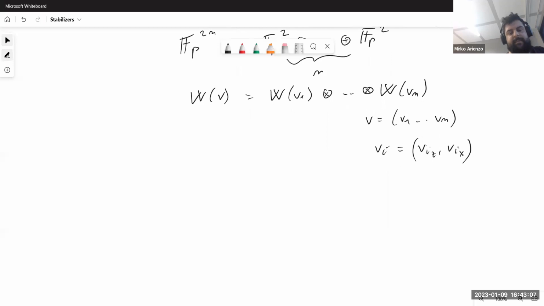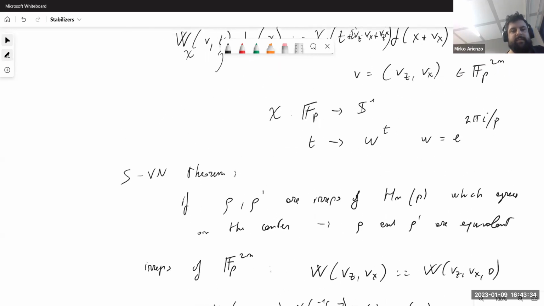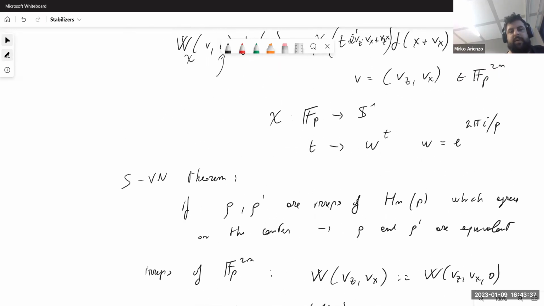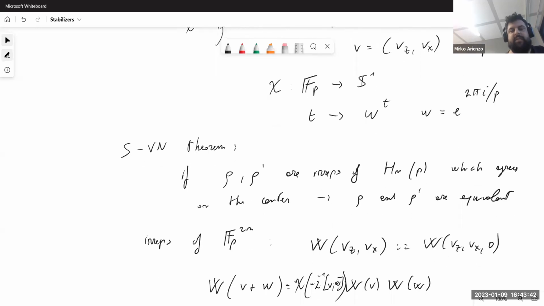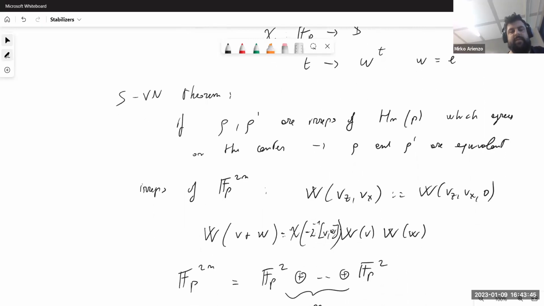The interesting part was that the only maps that preserve the center are linear transformations and symplectic transformations, and these are interesting because of the Stone-von Neumann theorem, because this means that we are just considering maps that transform between equivalent representations.